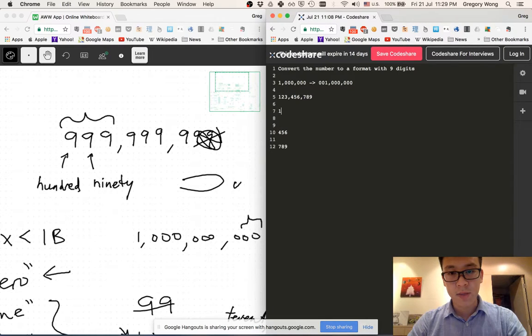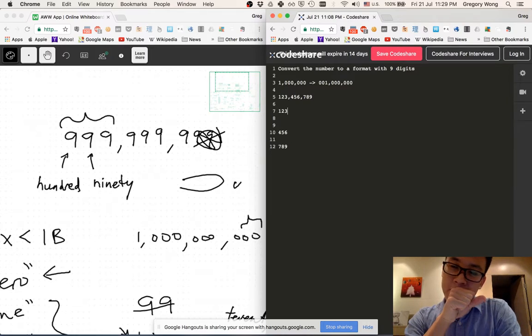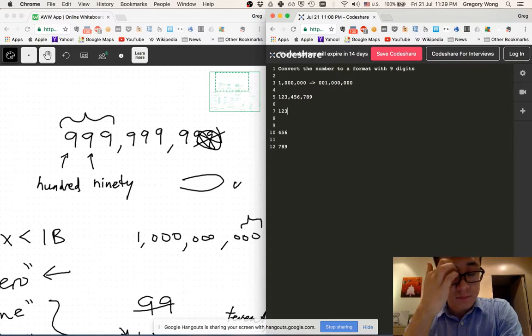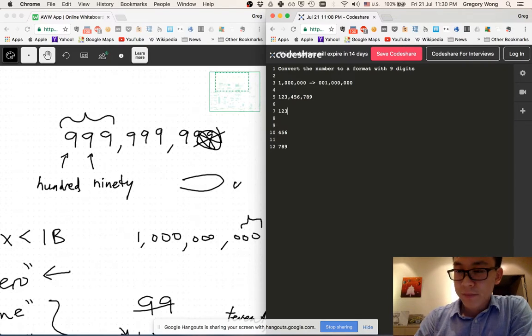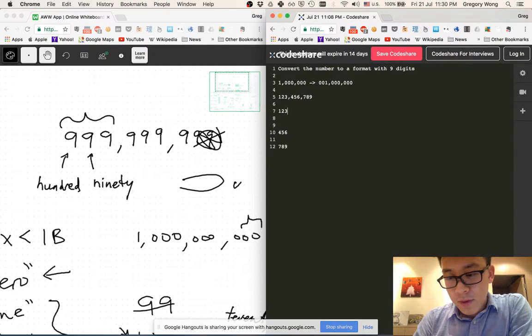So say you store each chunk as its own string. What data structure or storage would you use? Let's say you just have 1,000, and you're prepending a bunch of zeros to the 1,000.